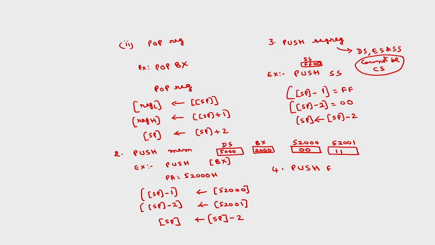Similarly, here we have the lower order flag register and higher order flag register. So initially the higher will be saved to SP minus 1, the lower order to SP minus 2, SP becomes SP minus 2.